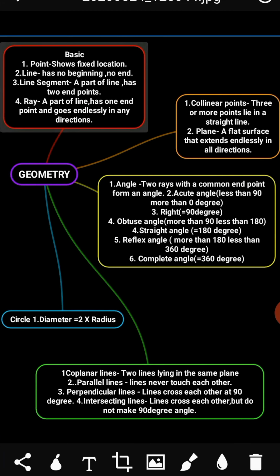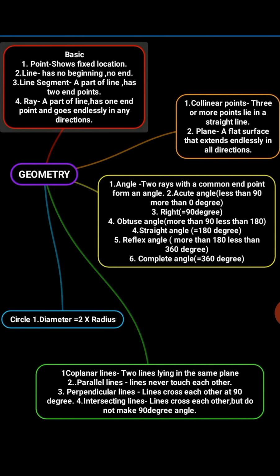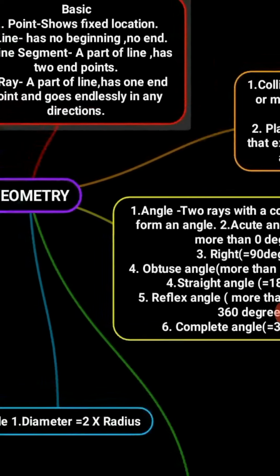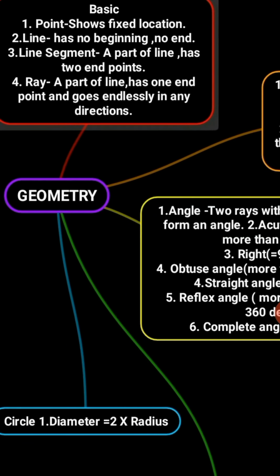Now let's take a quick recap. So in this chapter you have covered basic things. First is point. A point shows fixed location. Next you have read a line. It has no beginning, no ending. A line segment is a part of line. It has 2 endpoints. A ray is a part of line.